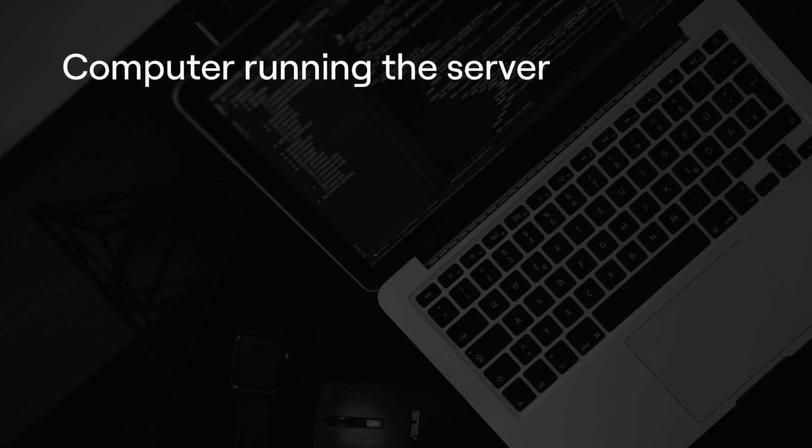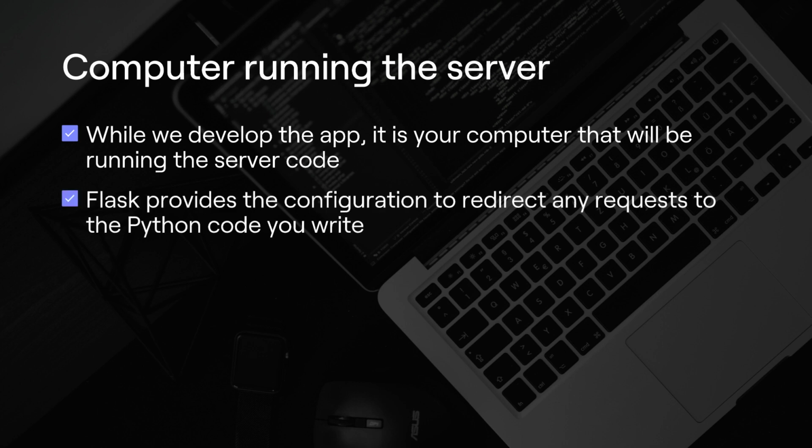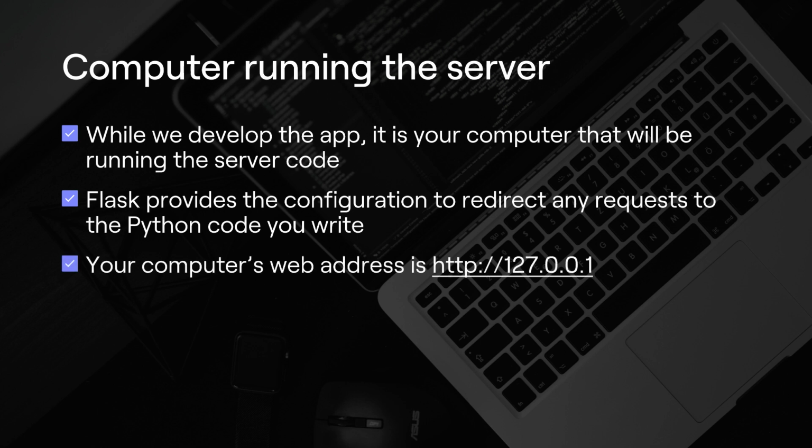So the computer running the server is going to be your computer while you write the Flask app. And whenever you run the Flask app, that is going to automatically configure your computer so that any requests that are sent to your computer will be sent to your Flask code. Your computer's web address is always http://127.0.0.1.